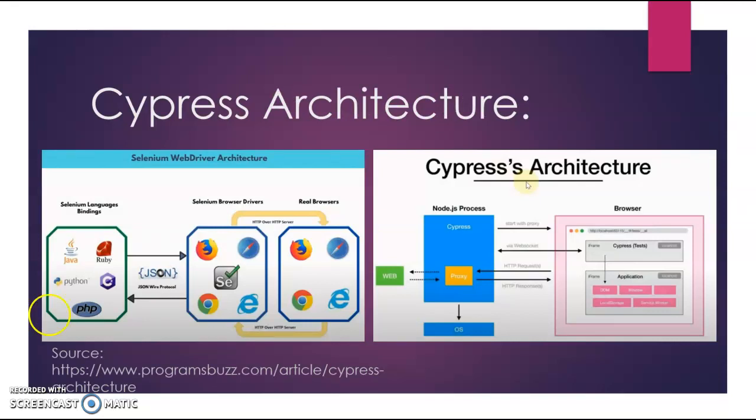So here we have the Cypress architecture. Briefly, I'm going to talk about Selenium and compare it to the Cypress architecture. We have 4 components in Selenium.